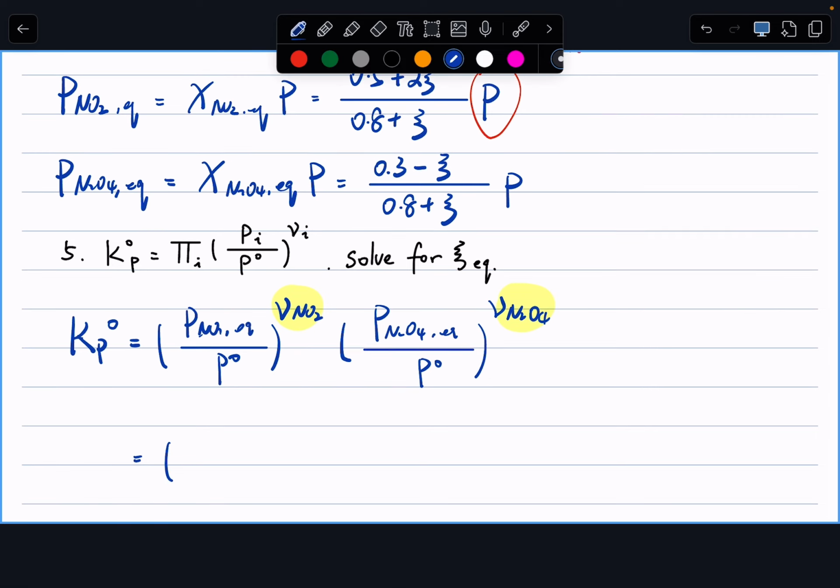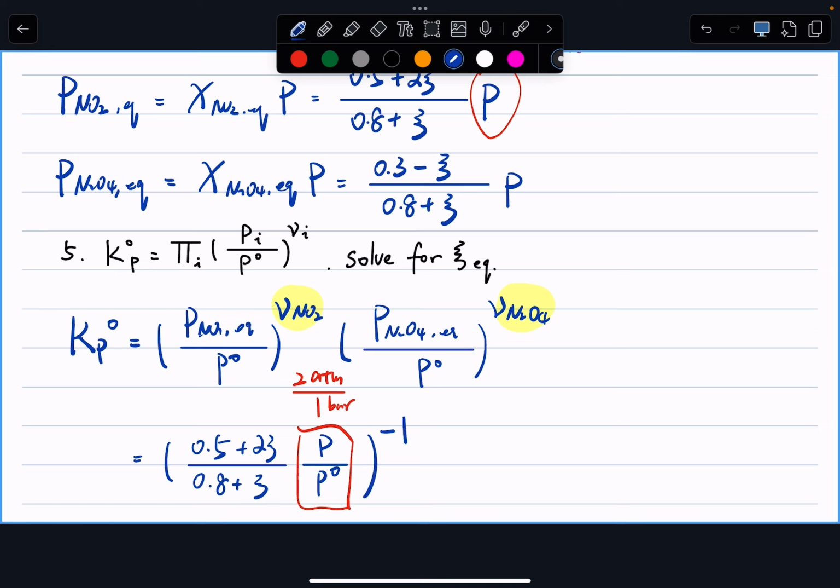And then just plug in the numbers. All right, so we have 0.5 plus 2C over 0.8 plus C, P over P naught. This is, again, an easy to miss point because my P naught here is 1 bar. So this is the 2 atm into 1 bar, so there is a unit conversion inside the bracket, to the power of -1.